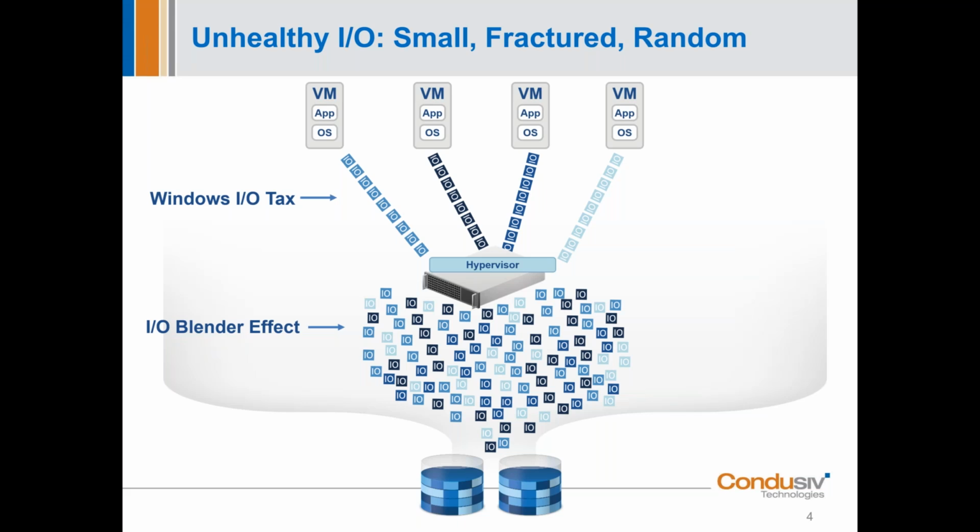So what comes out between the physical host hypervisor, which could be VMware ESXi or Hyper-V, and the disk storage controller is now a chaotic mess of small, fractured, and now very randomized I/O streams that by the time they hit the storage controller, they couldn't be less storage friendly.